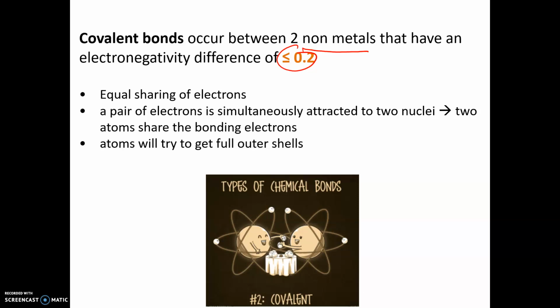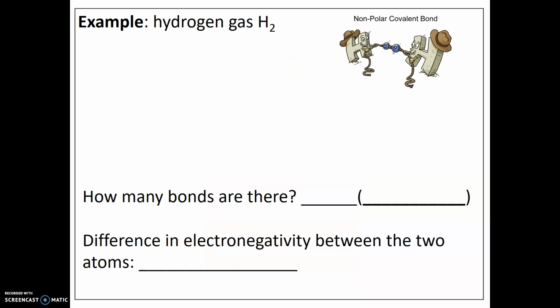So if we look at our first example in the notes, hydrogen gas, we're dealing with two of the exact same atom, being hydrogen. As we all know, how many valence electrons do we have in hydrogen? That's right, 1.